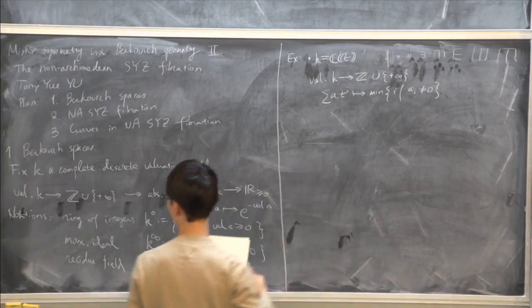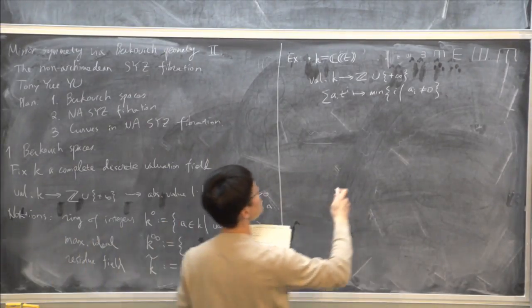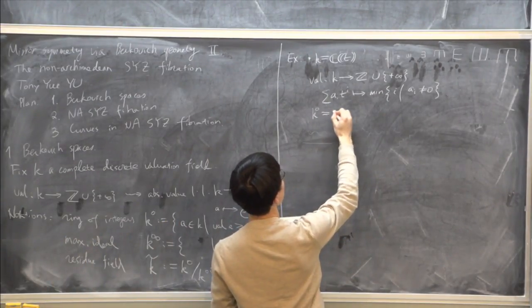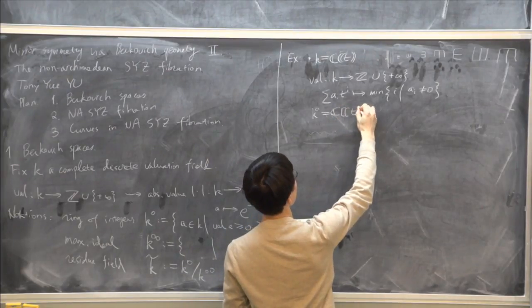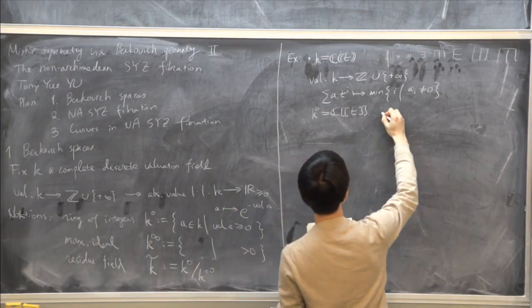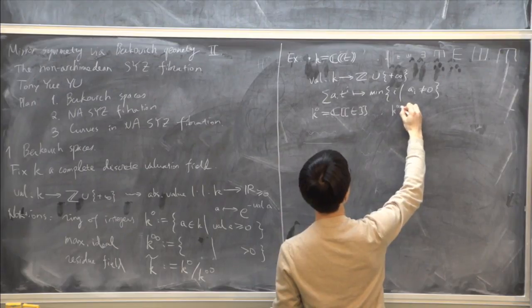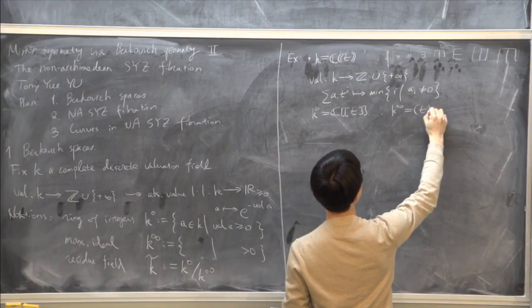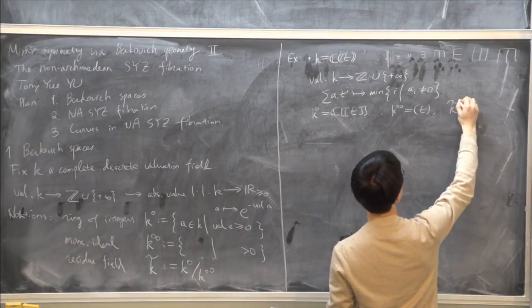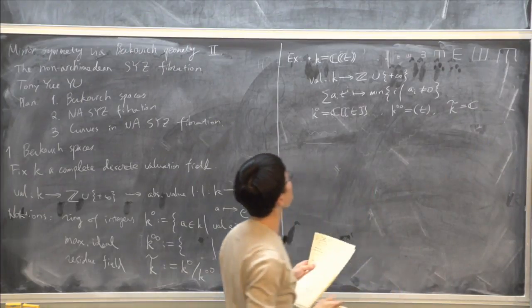And we have a ring of integers, the power series ring, the maximal ideal generated by T, and the residue field is the field of complex numbers.